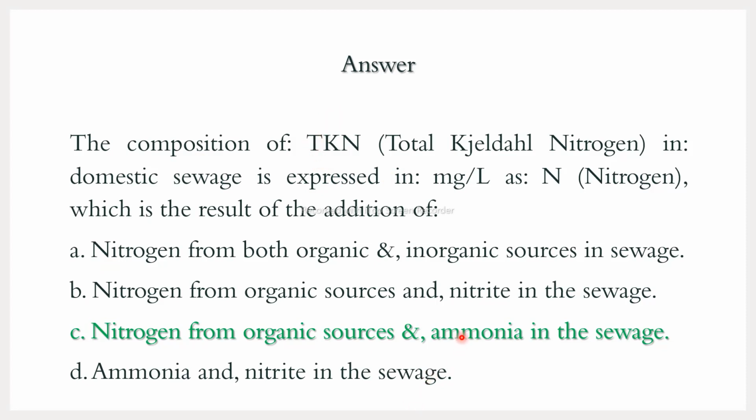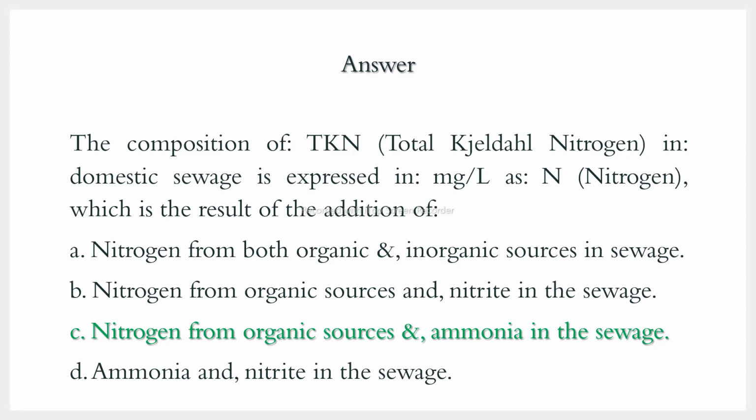Total Kjeldahl nitrogen plus nitrogen from the inorganic and nitrite sources is expressed as the total nitrogen, TN. Kjeldahl means the organic and ammonia. Nitrogen is abundant in the air, but there are specific methods with which the soil can be nitrified, right?